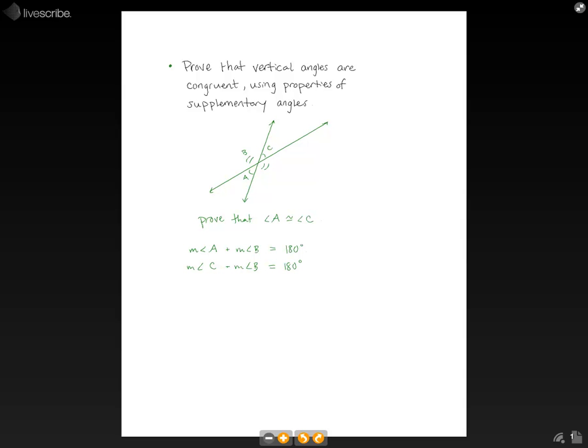And now, since these are both equal to 180 degrees, we can set them equal to each other.